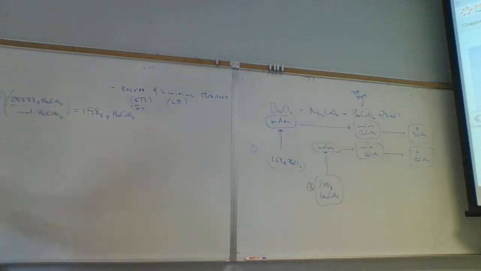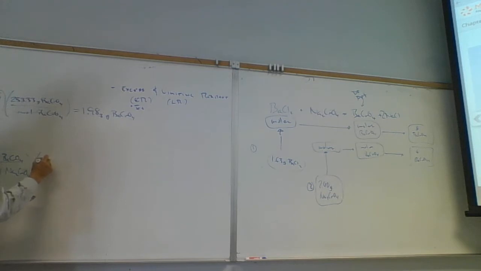All right, so 2.40 grams of sodium chromate, we'll convert that to moles of sodium chromate. 1 mole of sodium chromate weighs 161.98 grams. Grams of sodium chromate cancels. Then we're going to go from moles of sodium chromate to moles of barium chromate. 1 mole of barium chromate for every 1 mole of sodium chromate. And then we'll figure out the mass.